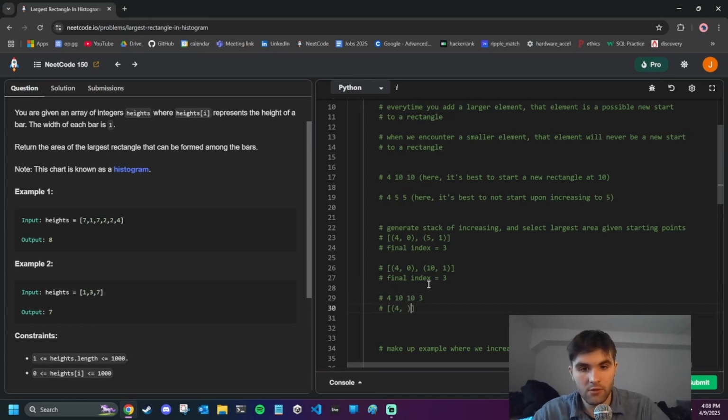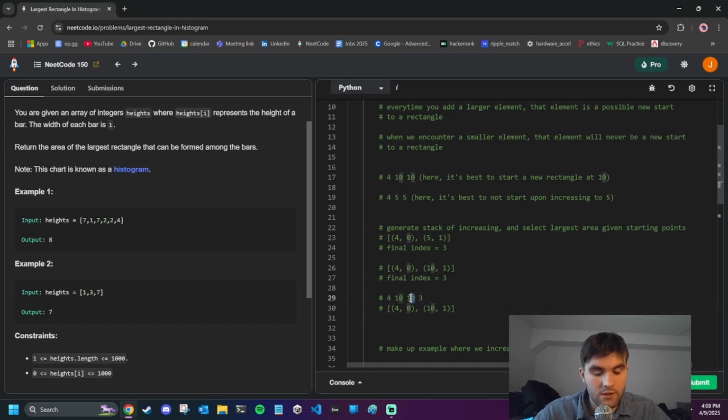So if we do our increases, we increase index 0 with height 4, and we increase again. Okay, so this is interesting.